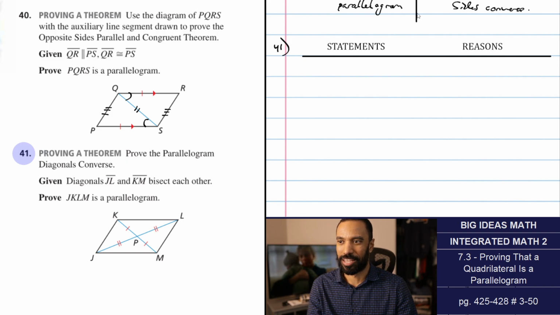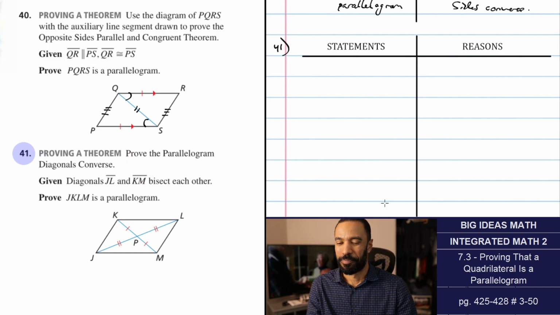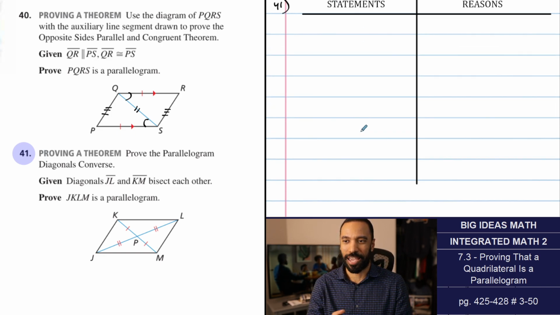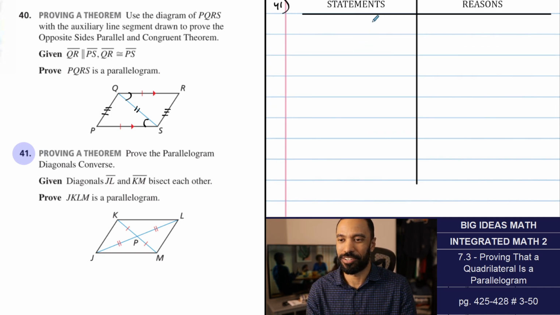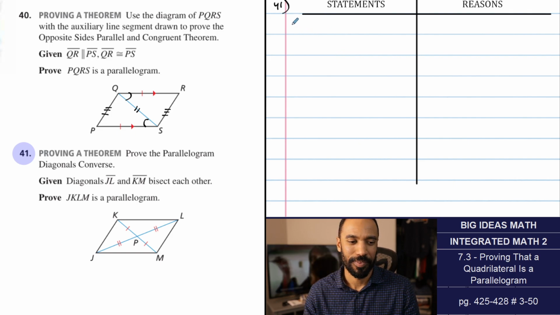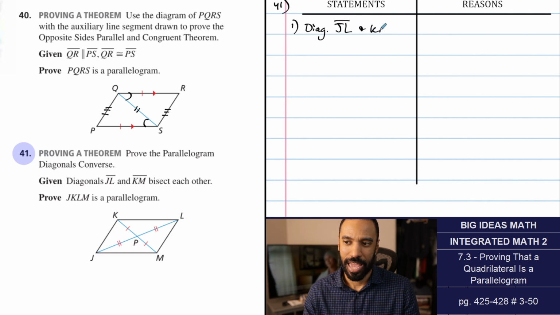Here we go. Given: the diagonals bisect each other. Oh, they didn't even have the courtesy to just tell me that they're already congruent. All right. Diagonals JL and KM bisect each other.